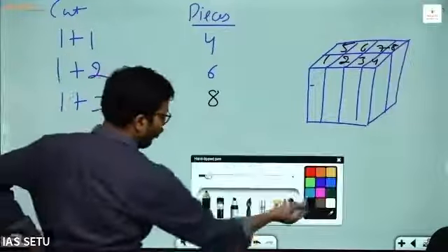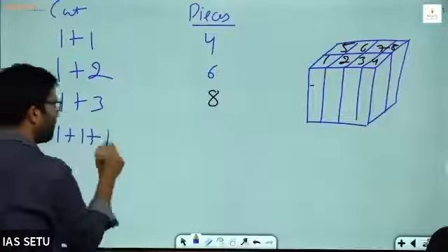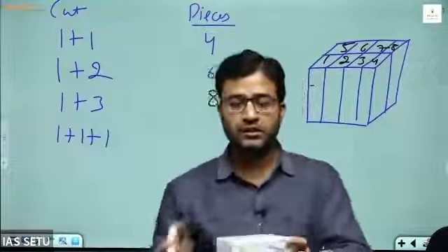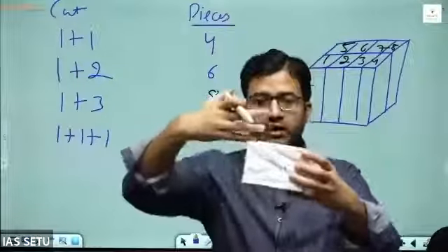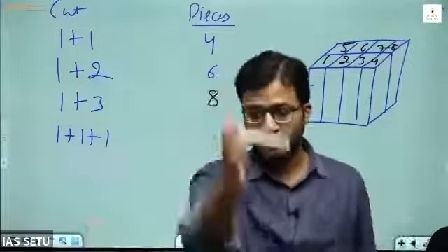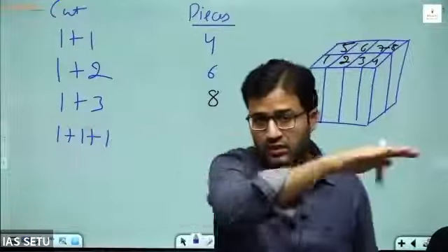Next I use all 3 axes. I will put cuts 1 plus 1 plus 1, and we will see how we use 3 different axes. This is cut number 1, cut number 2, and this is cut number 3 in between. This is the first axis, this is the second axis, this is the third axis in between.